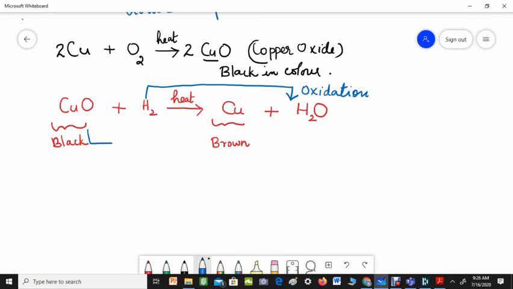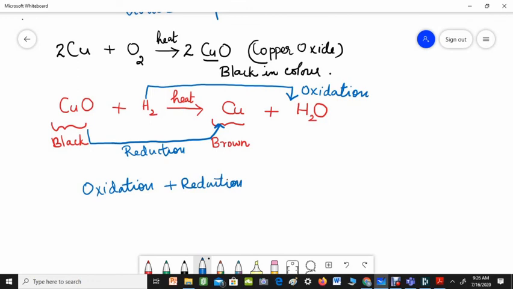Copper oxide lost its oxygen. So this is called reduction. So this is an example of an oxidation and reduction reaction. We together call it a redox reaction.